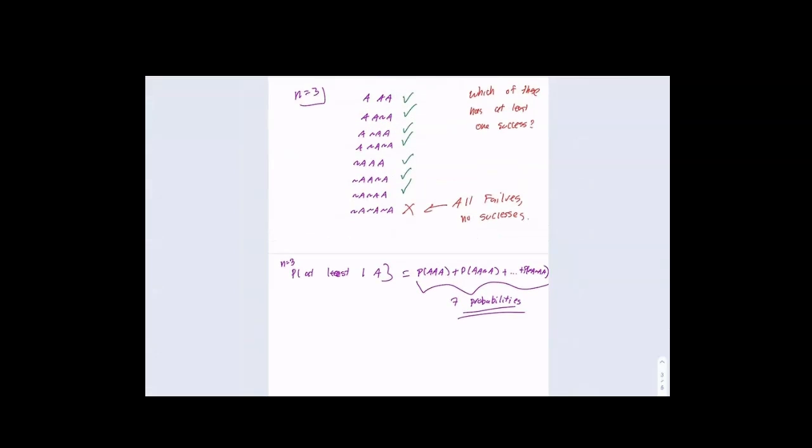So if I asked you, what's the probability of at least one success?